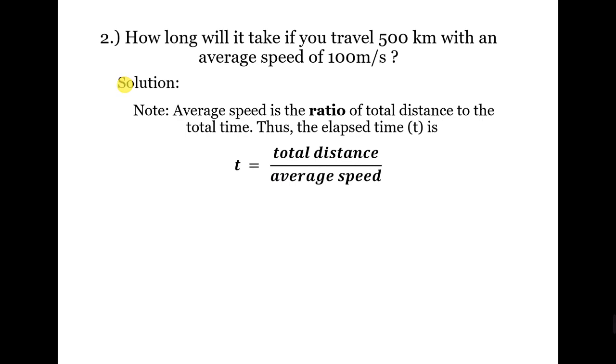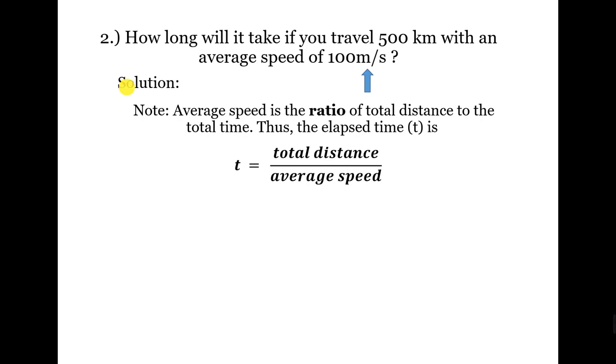Substitute the given values into the formula, but we should first observe the units of the problem. Distance is in kilometers, and average speed is in meters per second. We use SI units as our reference for the conversion so that we could proceed directly to the substitution process.